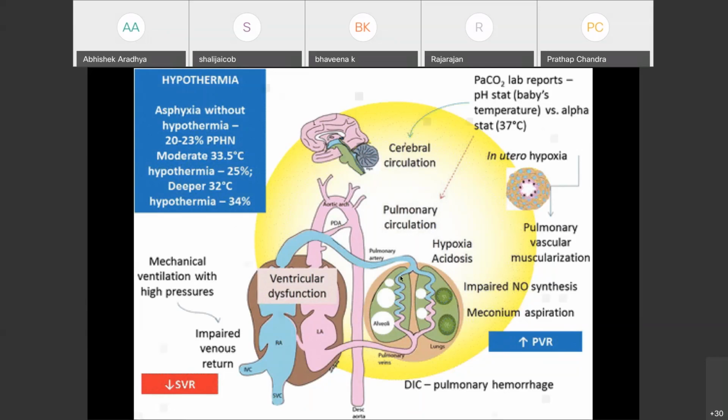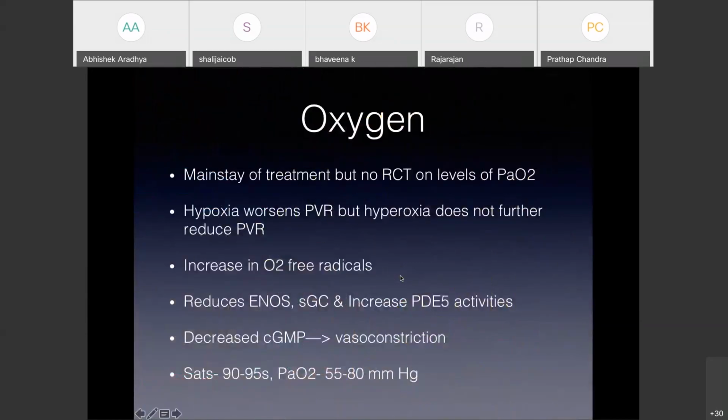So moving on, what happens with oxygen? Oxygen, as I said, is the mainstay of treatment for pulmonary hypertension. On the other hand, if we give too much oxygen, it will actually worsen your pulmonary vascular resistance, because hyperoxia doesn't further reduce the PVR. It can also result in formation of the oxygen-free radical, as I suggested earlier.